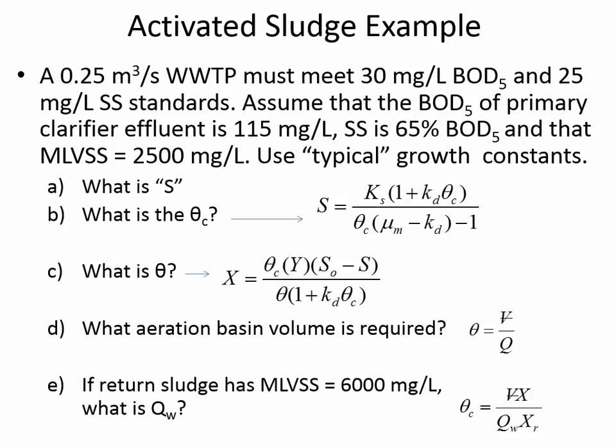Okay, so that gives us a theta. It'll be 69.6195 divided by 2671.9. It's very short, 0.026 days, which is 2251 seconds. That's the hydraulic detention time inside of the tank. Okay, that was part C. Part D, the aeration basin volume required.